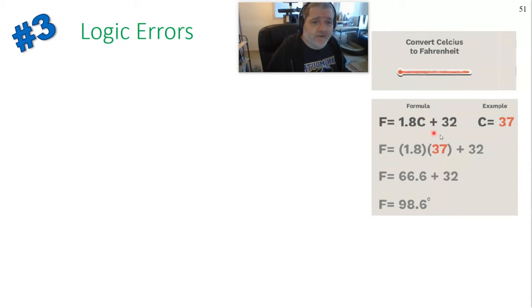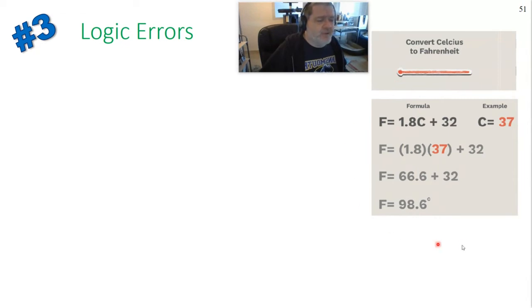This is not Java code, by the way. This is not Java syntax. You see that we don't put a multiply symbol between 1.8 and C. This is just how you would write it in a math or physics class, right? And then we run an example together. If C is 37, then 1.8 times 37 is 66.6, plus 32, 98.6.